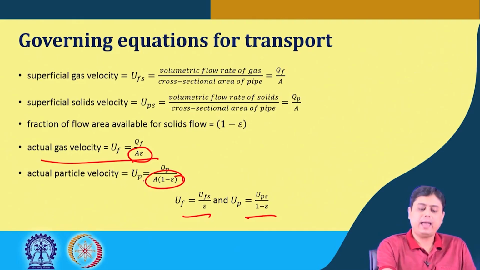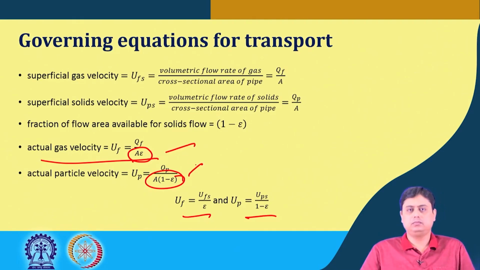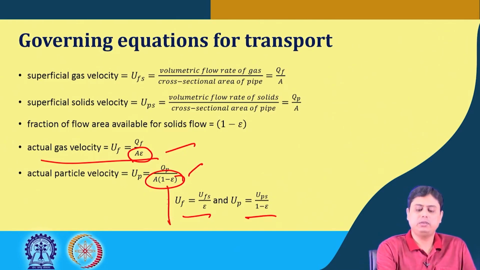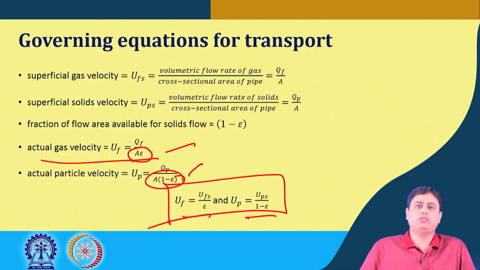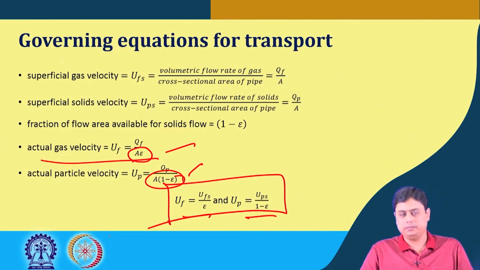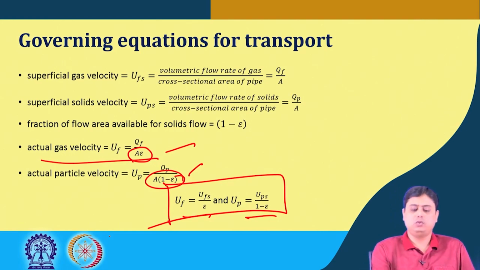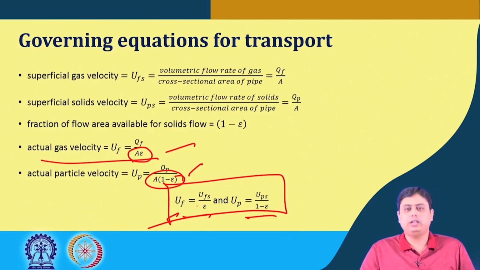So these are the actual velocities. In other words, the relation between the actual velocity and the superficial velocity is that the superficial velocity divided by the voidage, or the respective volume fraction, is the actual velocity.